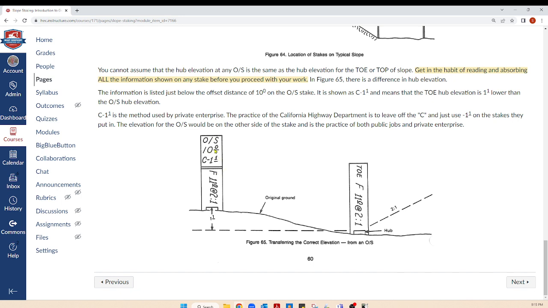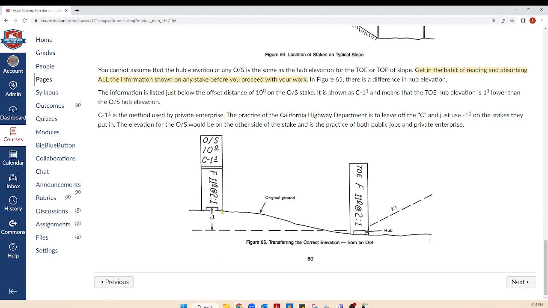So at 10 feet, I want you to cut 1.1. What it's telling you is this: go out here 10 feet and go down 1.1 feet, and that's where you set your hub. Once again, I'm offset 10 feet. So in 10 feet, I want you to cut 1.1.